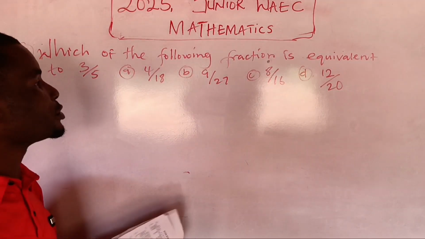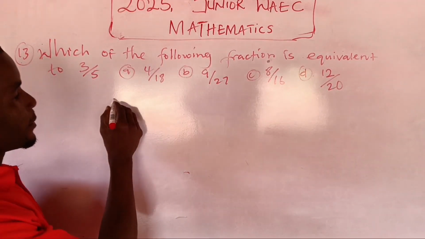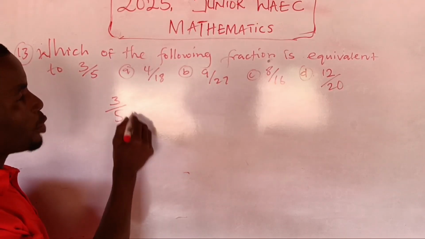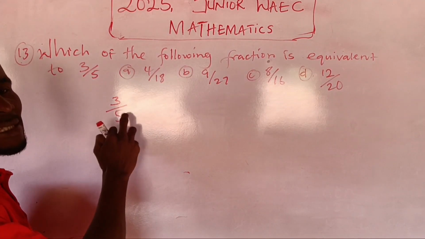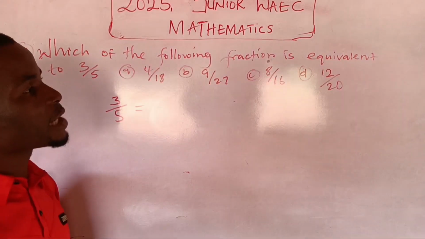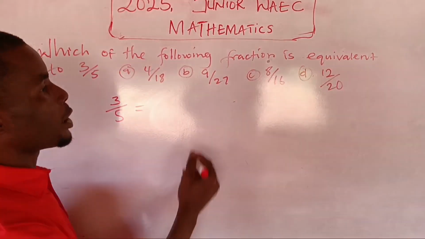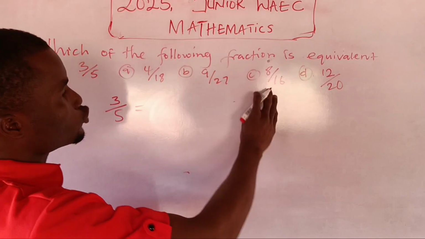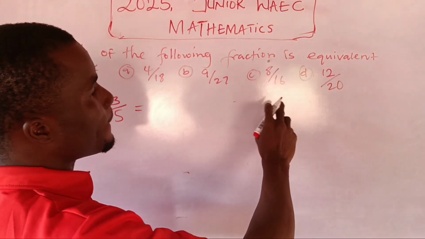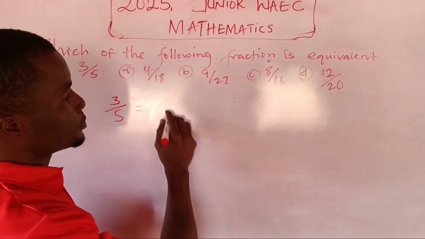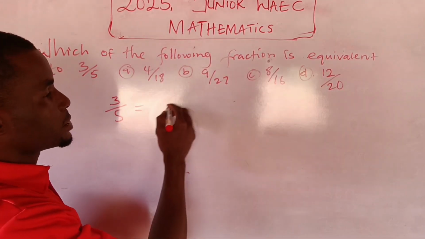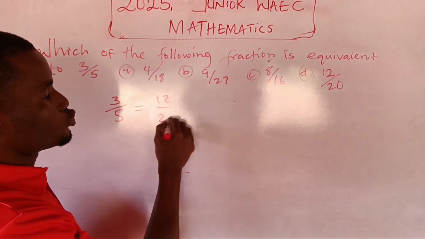So how do we solve it? So check. This is 3 over 5. I want us to check through all these fractions to know the one that is the same thing as this. Let's check this very one. This one too cannot work. Let's check this one. Option D says 12 over 20.